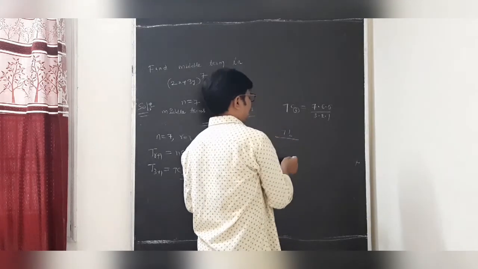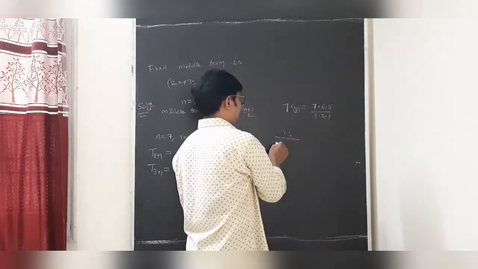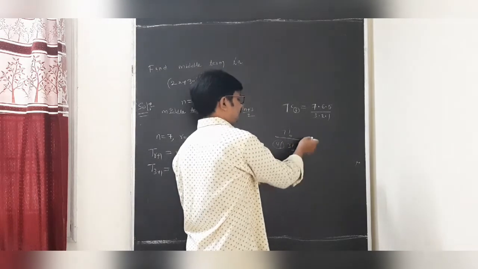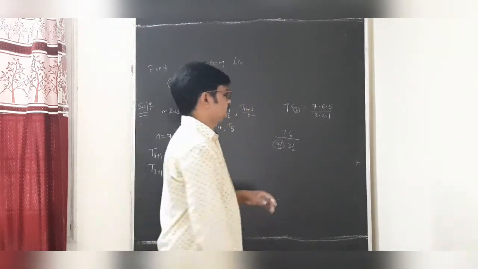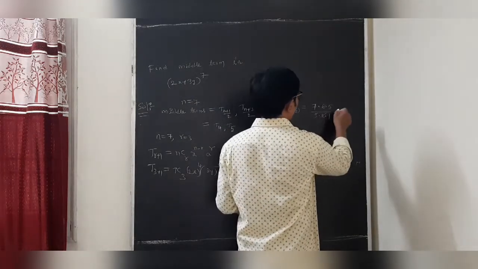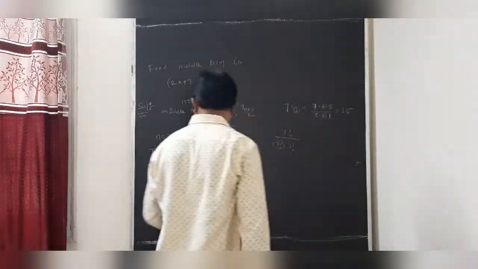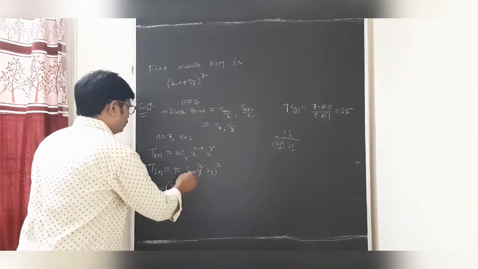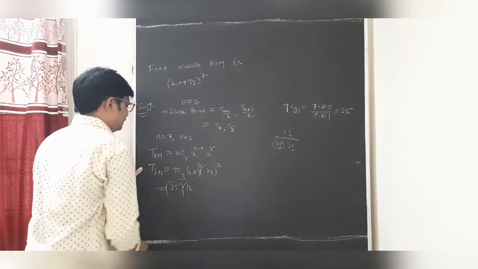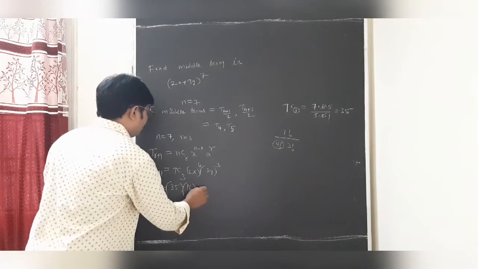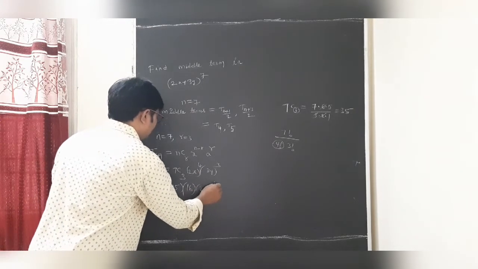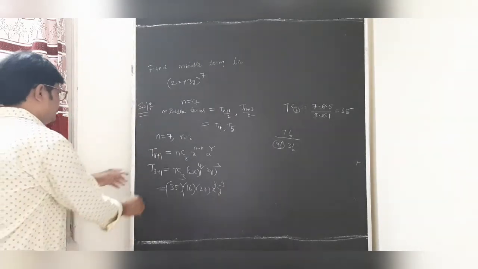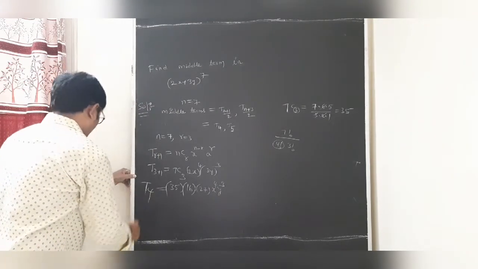Since 7 factorial by 4 factorial into 3 factorial, the 4 factorial cancels. So this value is 35. Then 35 into 2^4, which is 16, and 3^3 is 27. So T4 is 35 x 16 x 27 x^4 y^3. Okay students, this is the term 4.